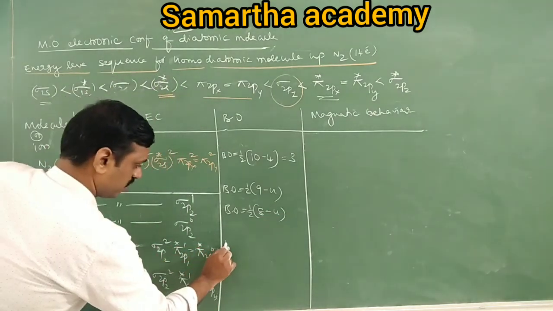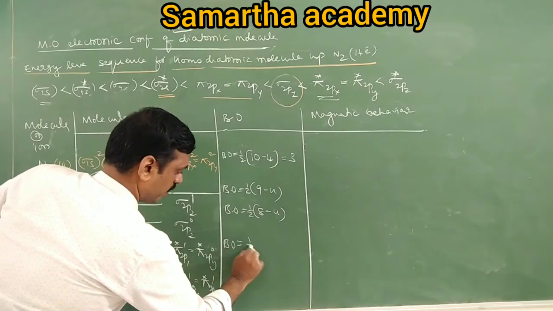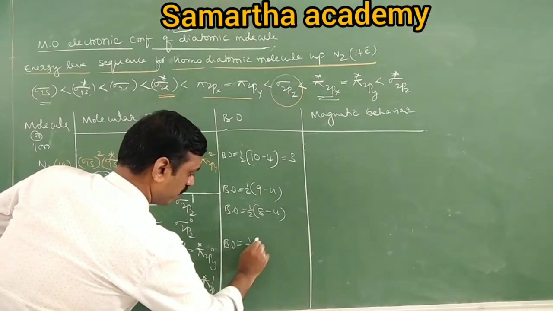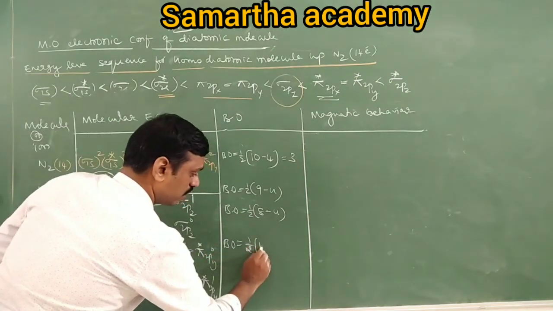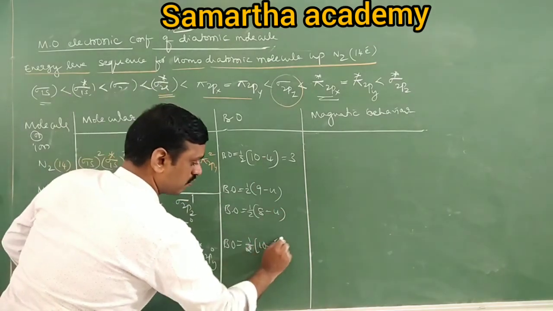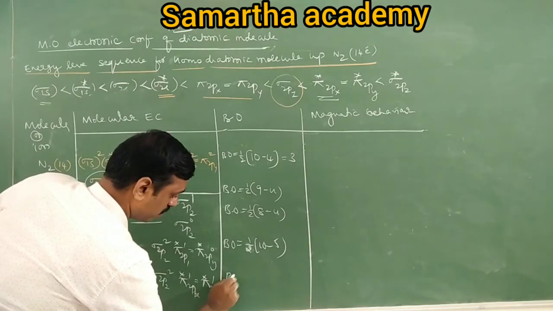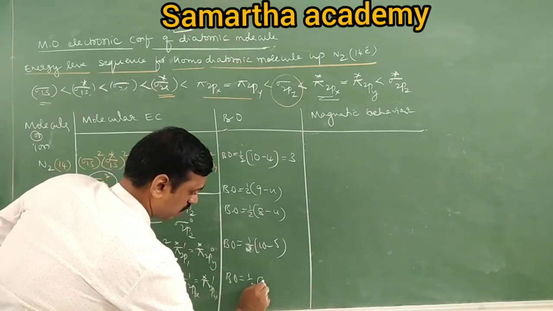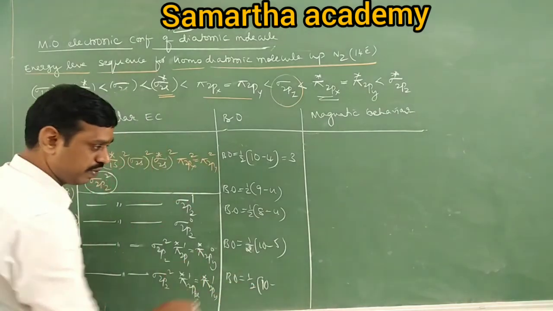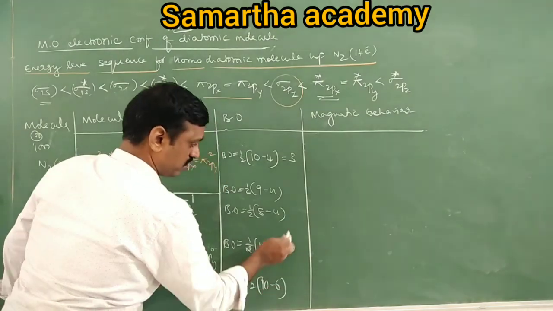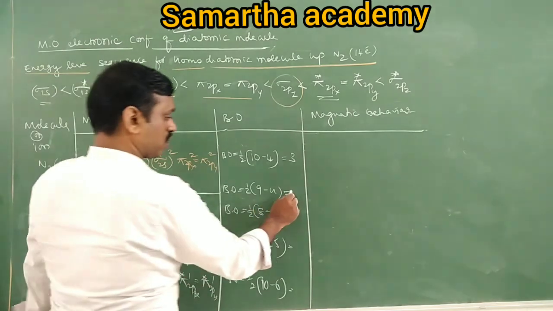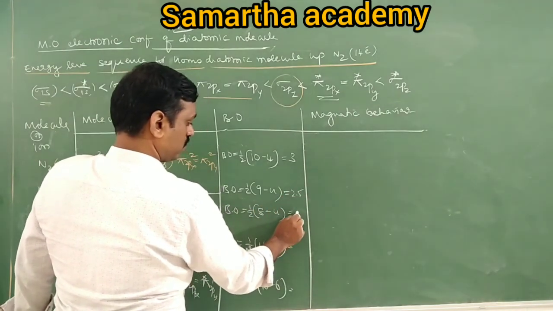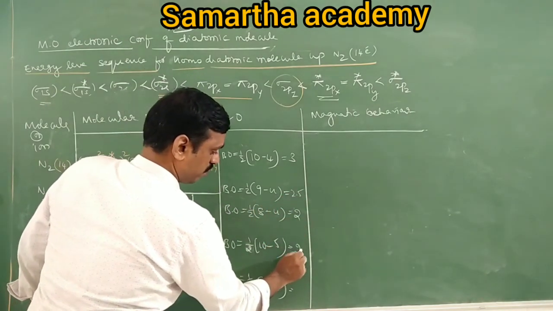Next, bond order is half into, and where is the electron added here? Anti-bonding, so bonding is 10 only, 10 minus 4 becomes 5. Next, bond order equals half into: 10 is the same, bonding is the same, anti-bonding 5 becomes 6. So what is the bond order? 2.5.